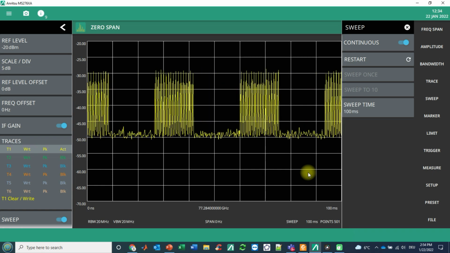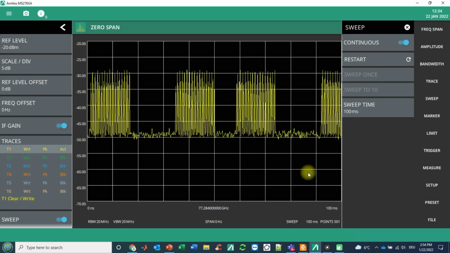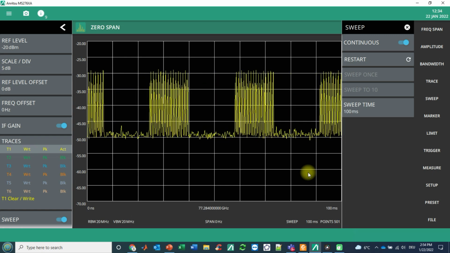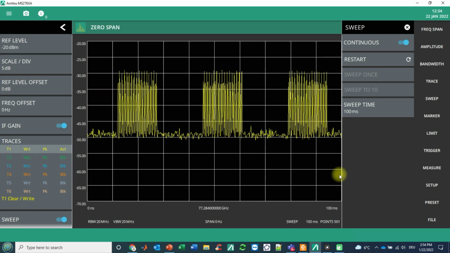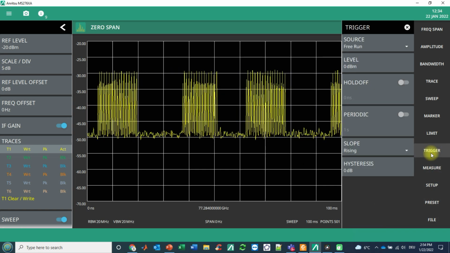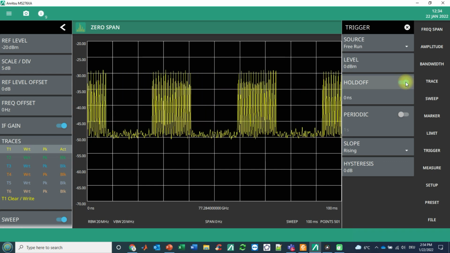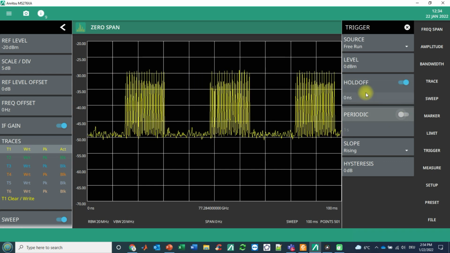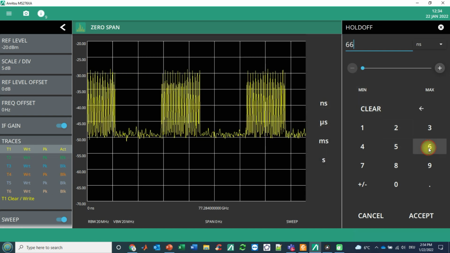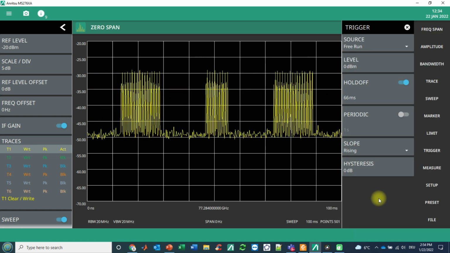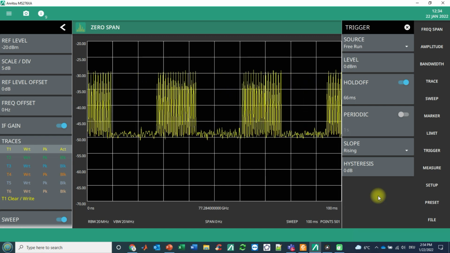So let's now go into the trigger mode in order to make some measurements. Let's switch on a hold off of 66 milliseconds in order to limit a little bit the number of incoming trigger pulses.